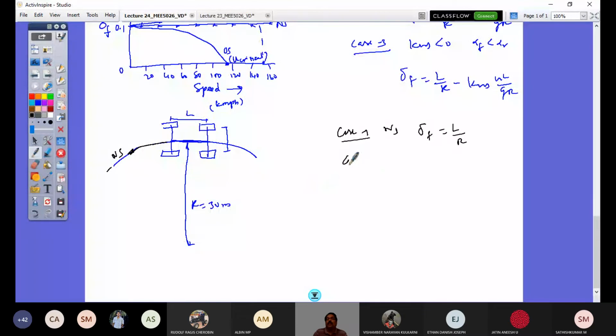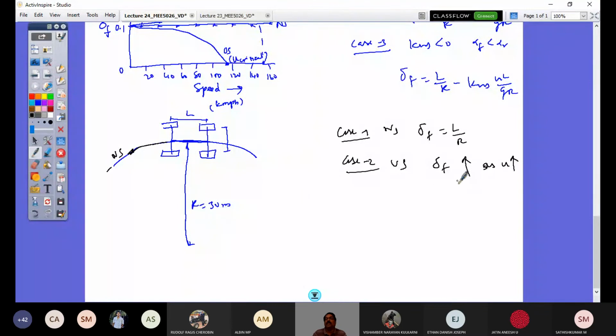In case 2, which is the understeer effect, you see delta F increases as U, the speed, increases, parabolically. The variation is parabolic. What would happen with respect to the turning radius?